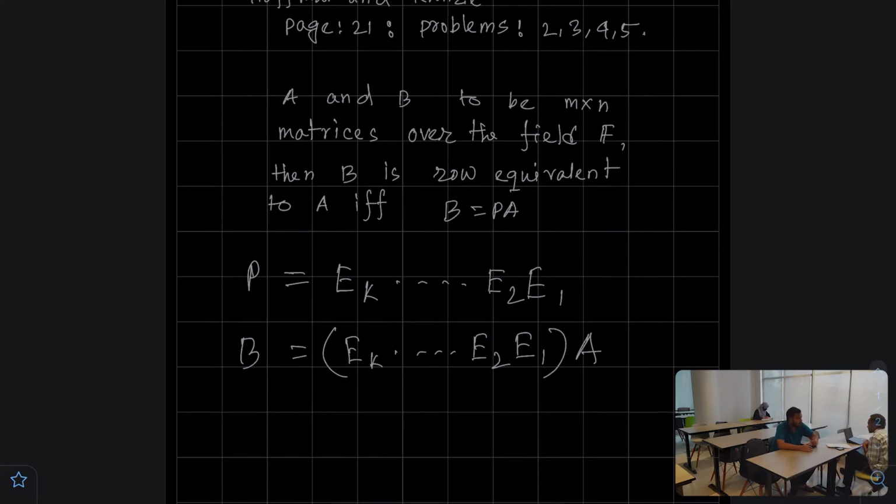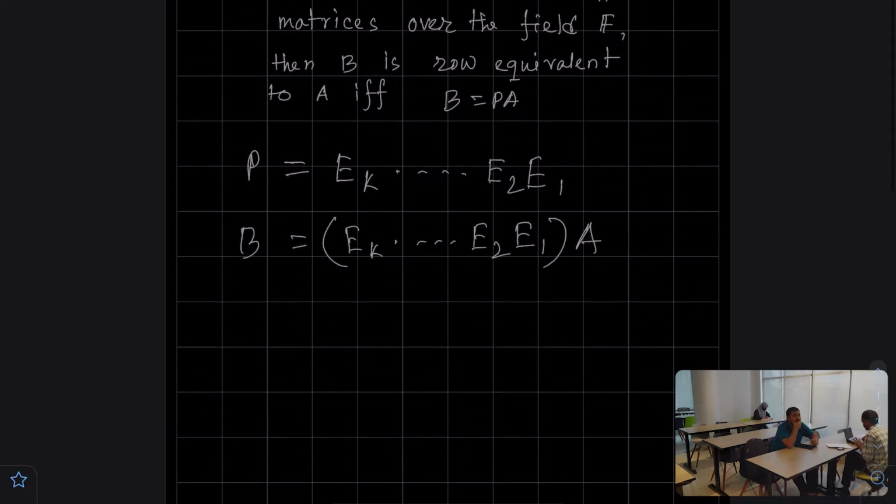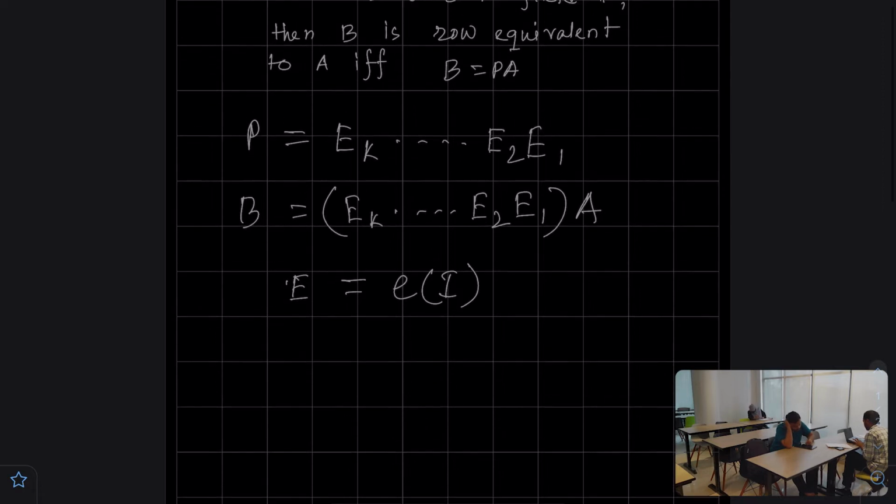And why is this important? Because in our previous lecture we defined the elementary matrices. If E is the elementary matrix, then E equals e(I). That was the definition. So a single ERO applied on the identity matrix will give you the elementary matrix.